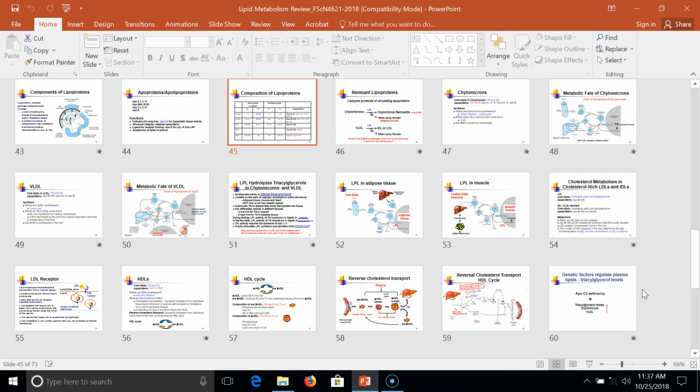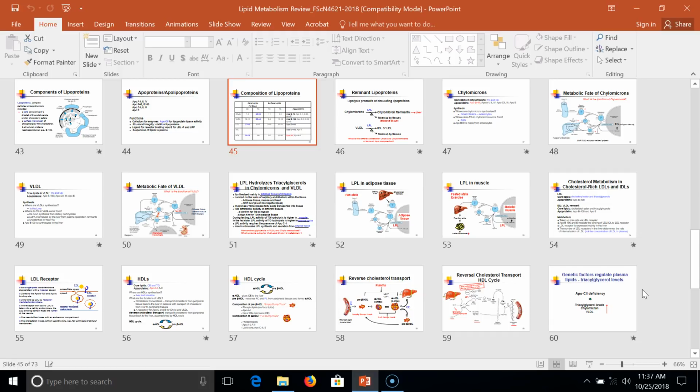And we also mentioned ABCA1 and the other one, the CETP protein. ABCA1 is a transporter of lipids, particularly free cholesterol and phospholipids, located on the surface of peripheral cells.